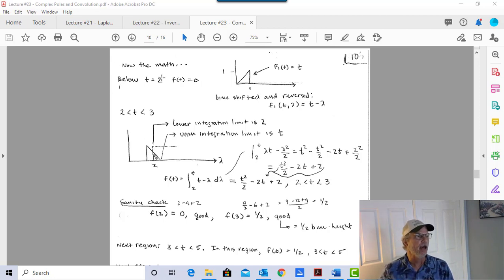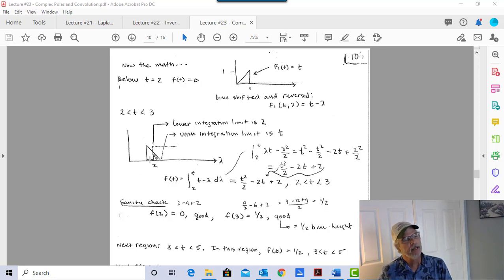So now the math. Below t equals 2, f of t is equal to 0 because we had no overlap on those functions. So that's enough math for me for that one. So now let's do the section from 2 to 3.